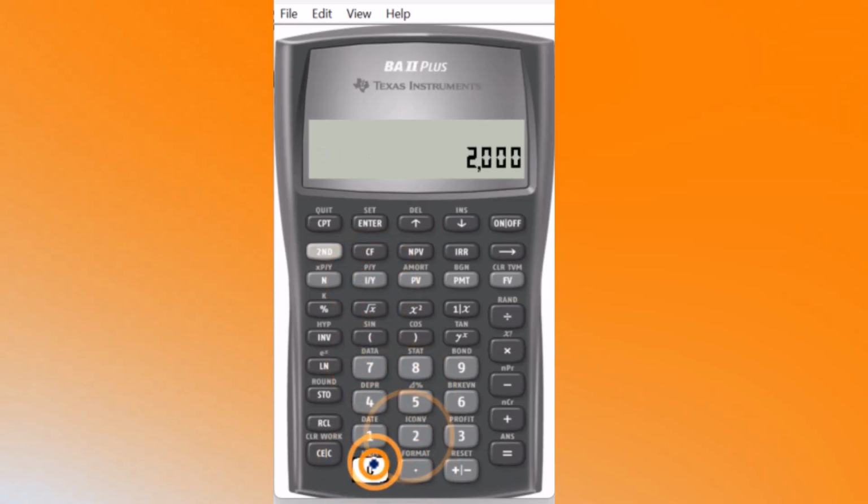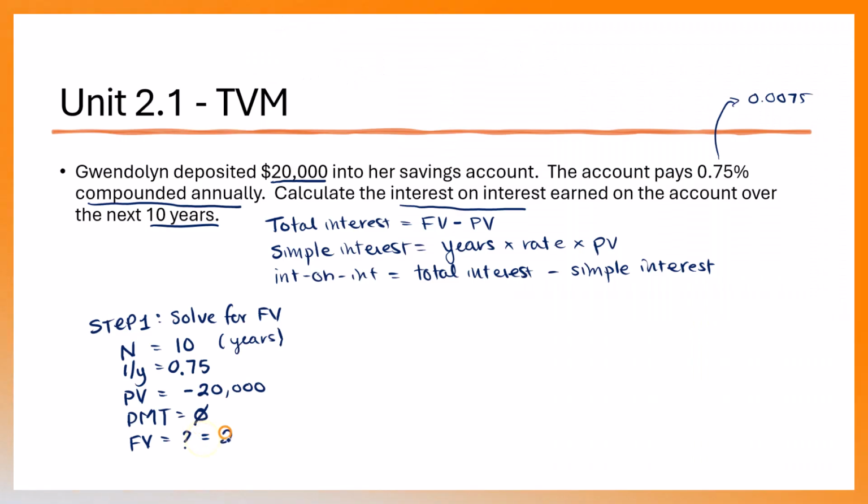We'll hit 20,000 and the plus minus sign to convert it to a negative for PV. We'll hit 0 for payment, and then CPT FV, essentially compute the future value for this account. We can see that that's $21,551.65.